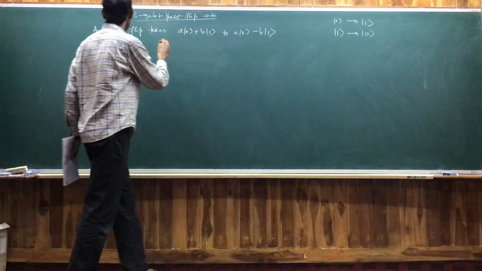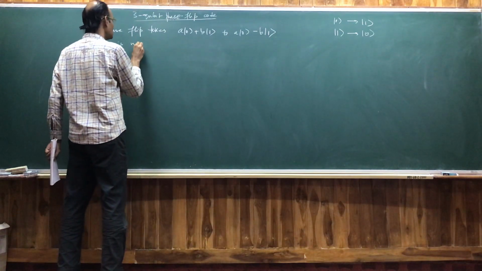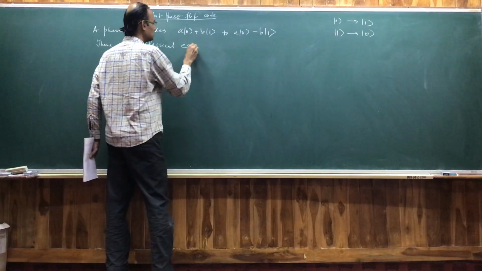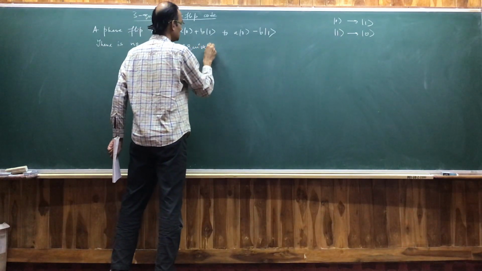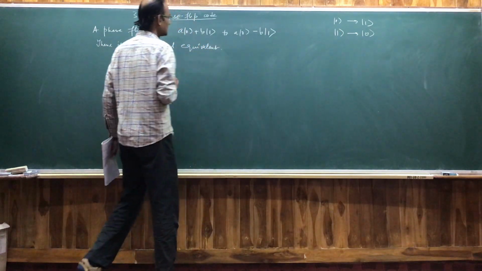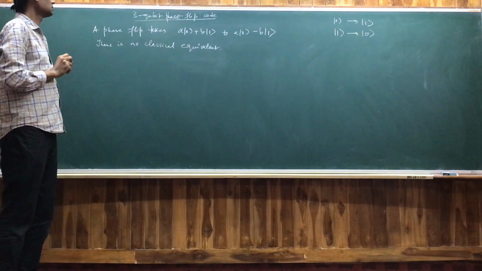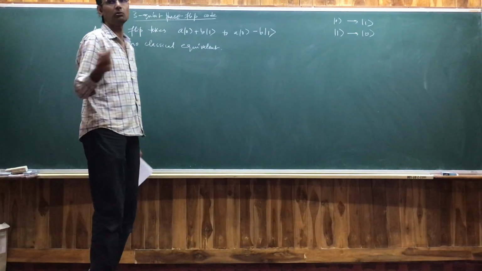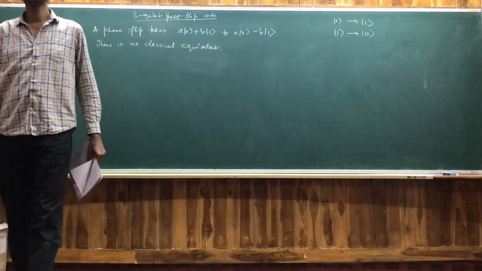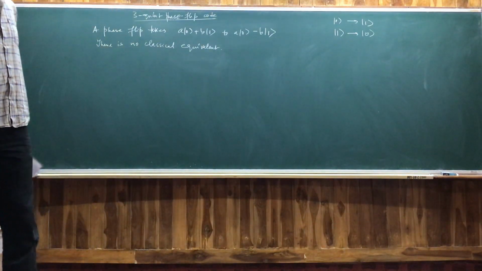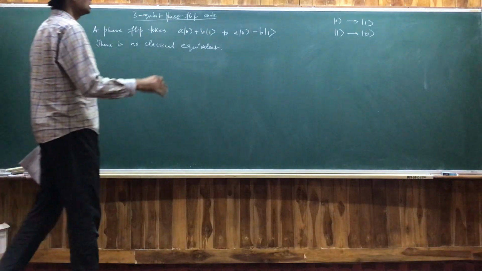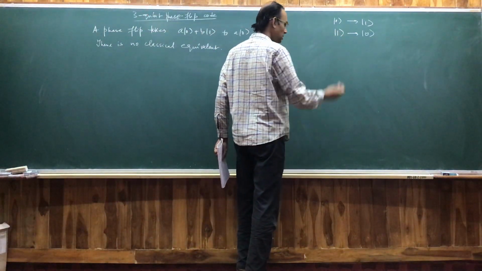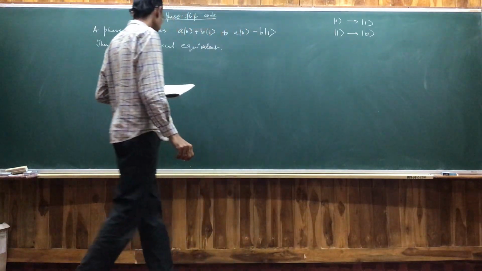This one, however, has no classical equivalent. There's no meaning of a bit going to minus of a bit. It doesn't make sense. So classical intuitions seemingly will not work here.